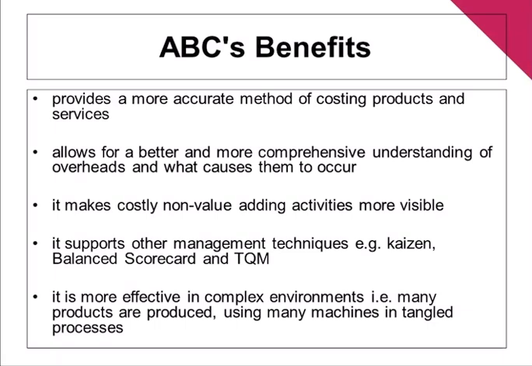Now I've already mentioned some of these: Kaizen, Balanced Scorecard and TQM. Kaizen was mentioned in one of the seminars, and Kaizen is about getting better. Balanced Scorecard is looking at the view of your company on one piece of paper, and you'll do that at level 6. And TQM is Total Quality Management, and again you'll do that at level 6.